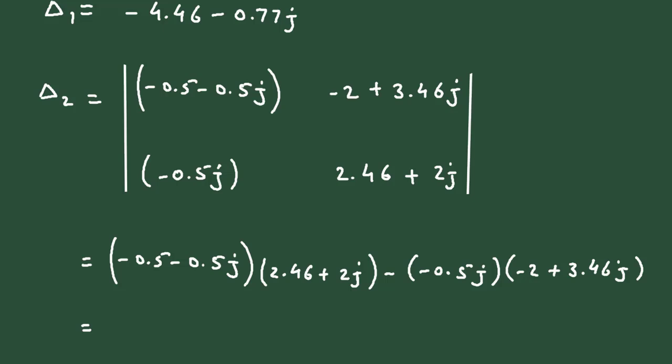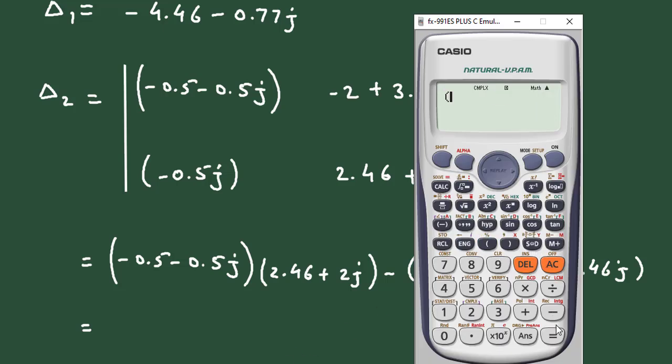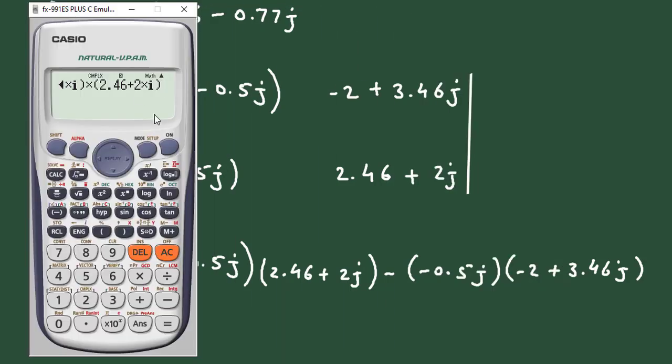If we solve this in calculator, it will be minus 0.5 minus 0.5 into j, then multiplied with 2.46 plus 2 into j, then minus 0.5 into j into minus 2 plus 3.46 into j.